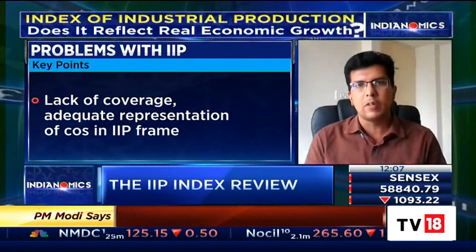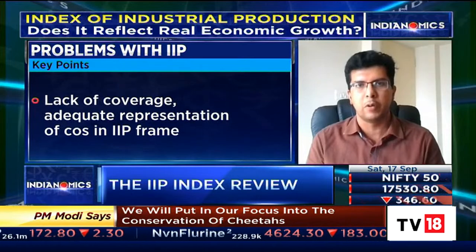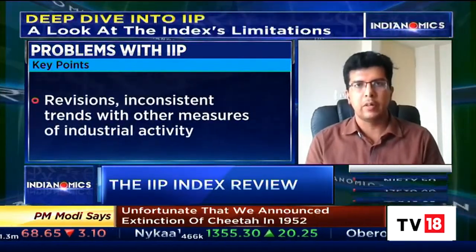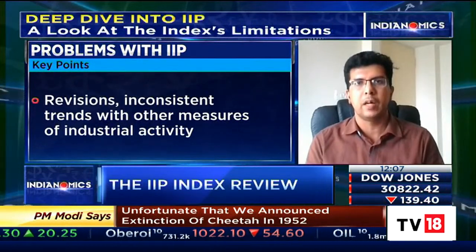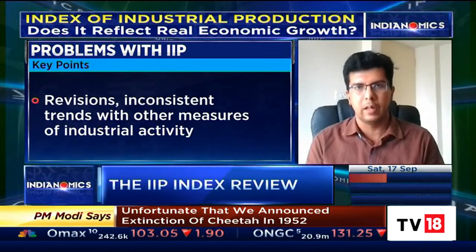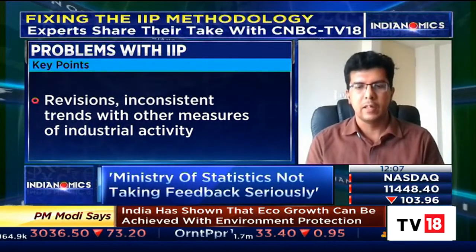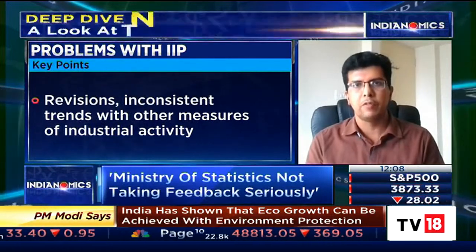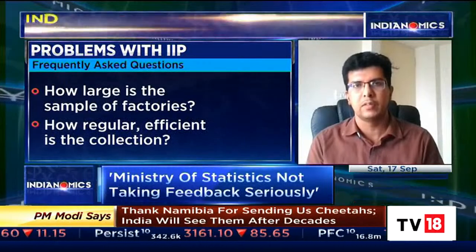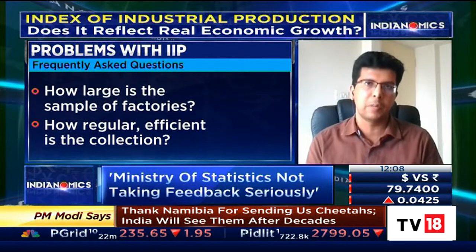So it is not just about the data collection itself, it is also about the statistical system's responsiveness to that feedback. And as Dr. Mundle also pointed out, many people have stopped taking IIP seriously. But that feedback, I think CSO and the Statistics Ministry has not taken very seriously, which is why we don't see enough remedial measures, enough validation, enough coordination with other source agencies to improve this, or at least to prepare a document saying that this is the path for improvement.